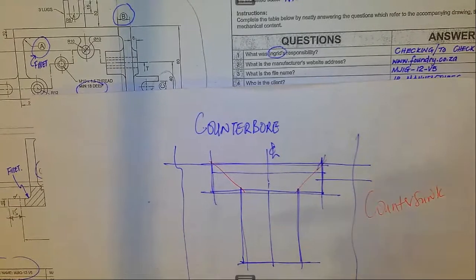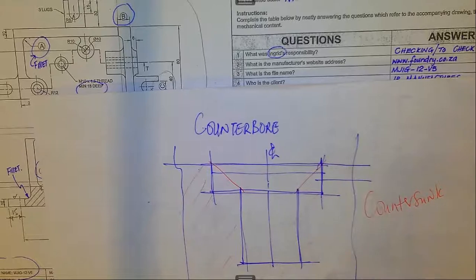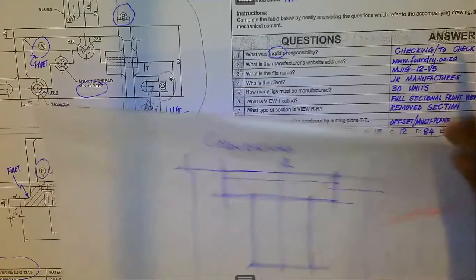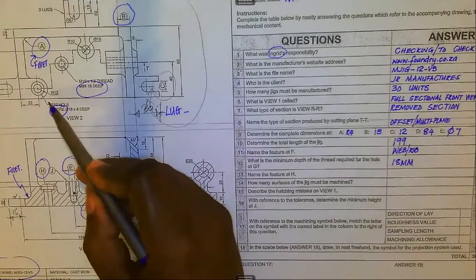And that wall is not hatched because there is nothing solid that has been cut. So these are some of the things that you need to make sure you understand in terms of analytical drawing. So we have got that information, that's a counterbore.